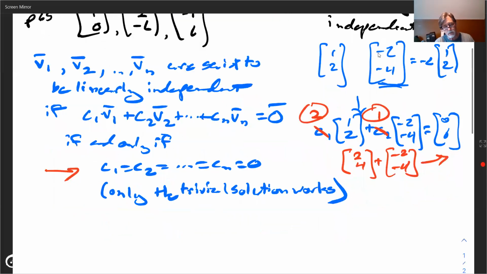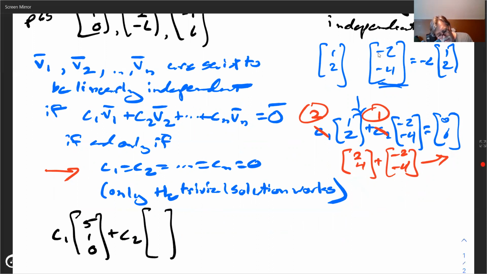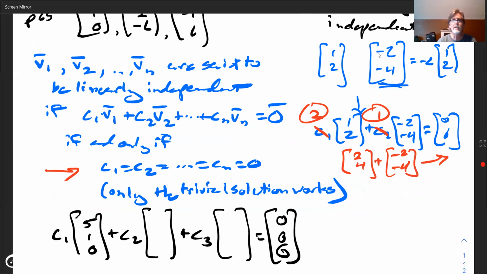But anyway, what we're going to do is take C1 times the first vector, which is 5, 1, 0, plus C2 times the second, plus C3 times the third, and try to get to 0, 0, 0, and see if there's a way to get there other than the trivial solution. So the vectors are 7, 2, -6, and the last one is -2, -1, 6.